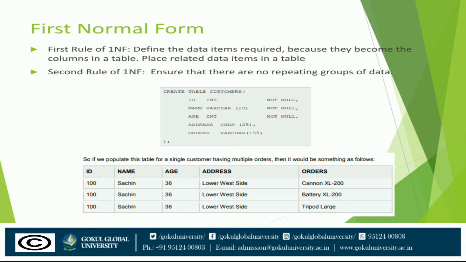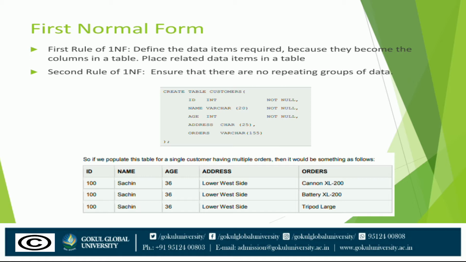If we populate this table for a single customer having multiple orders, it would look as follows. We see that a number of records are inserted into the table. But as per 1NF, we need to ensure that there are no repeating groups of data. Here the number of records is considered repeating groups. Due to the anomalies, the database is going to be in an inconsistent state if you want to insert, update, or delete any records.